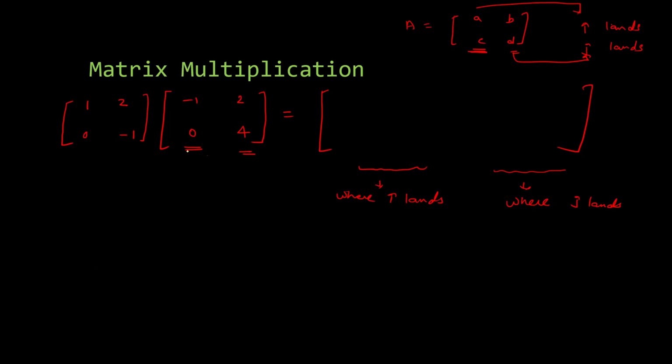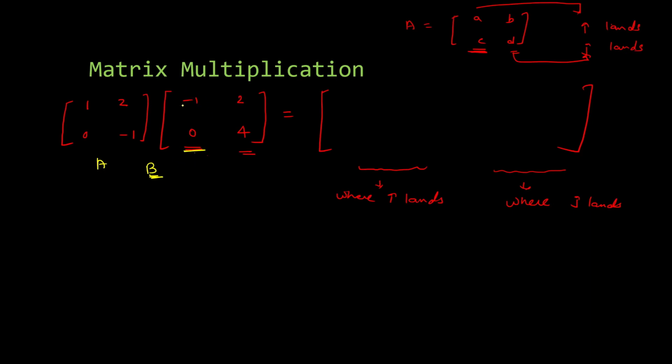First of all, we want to see where i hat lands. Suppose this is matrix A and this is matrix B. Suppose I just apply matrix B on some vector. This is the coordinate of where i hat will land after applying matrix B, the position of the new vector.